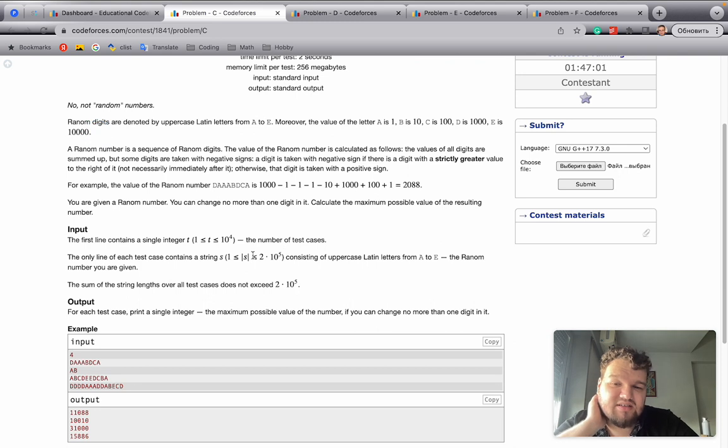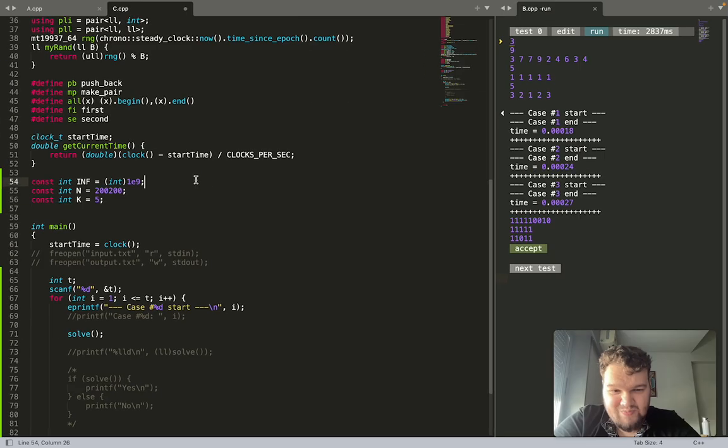It's the length multiplied by 10 to the 4th, so it's 2 times 10 to the 9th, which is okay for integers.